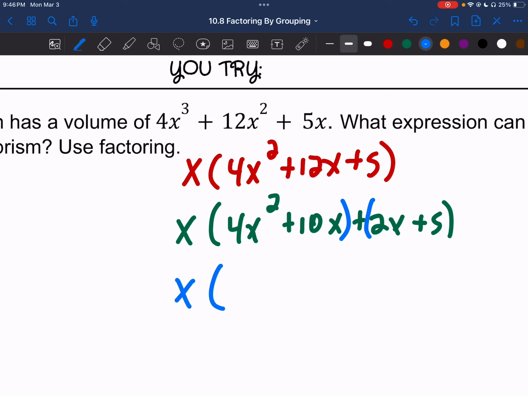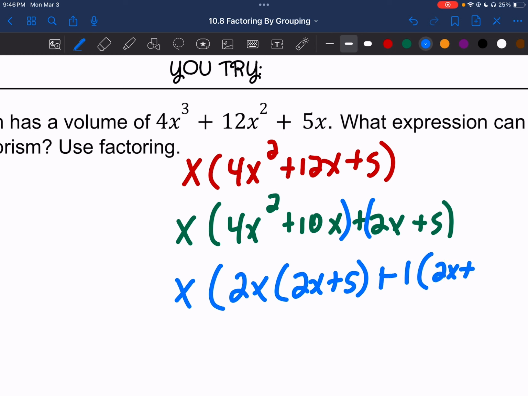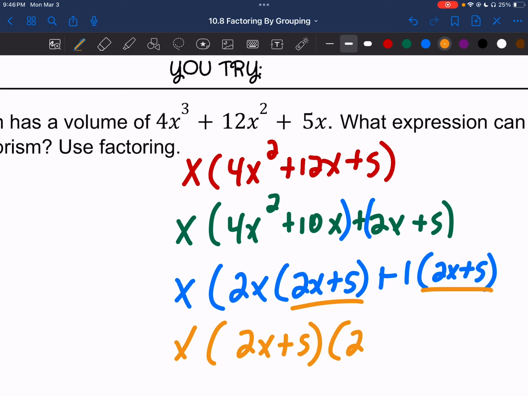And I'm left with 2x plus 5. And we have a plus, we're going to have a 1, and we've got 2x plus 5. And our next term, so we have an x, we have 2x plus 5, and we have 2x plus 1. Those are my three terms that represent the side lengths of this rectangular prism.